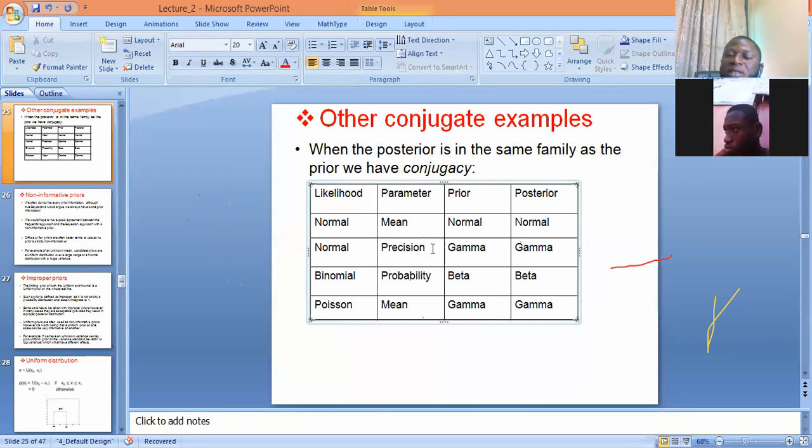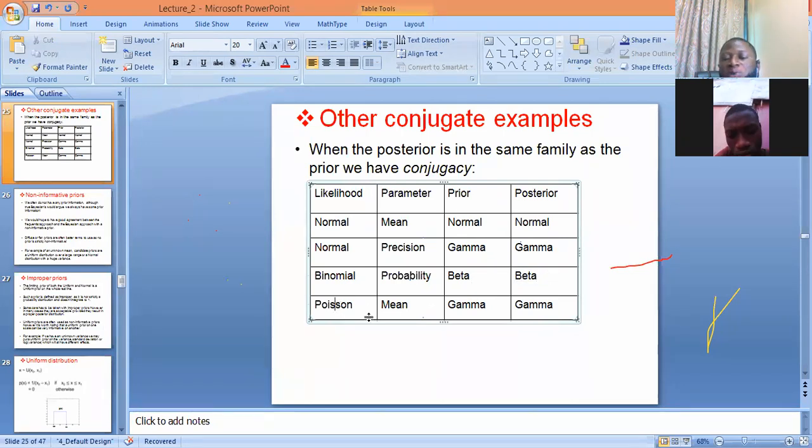What that means is the posterior distribution also has a gamma distribution, and therefore we have a conjugate prior for gamma. Then under the binomial distribution, the conjugate prior is beta. So if we multiply the beta distribution of the parameters by the binomial distribution for the data, then the resulting posterior is also beta.